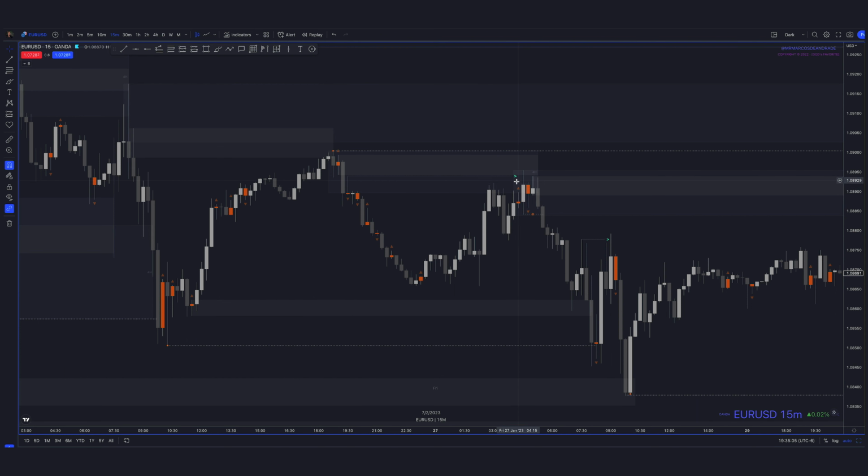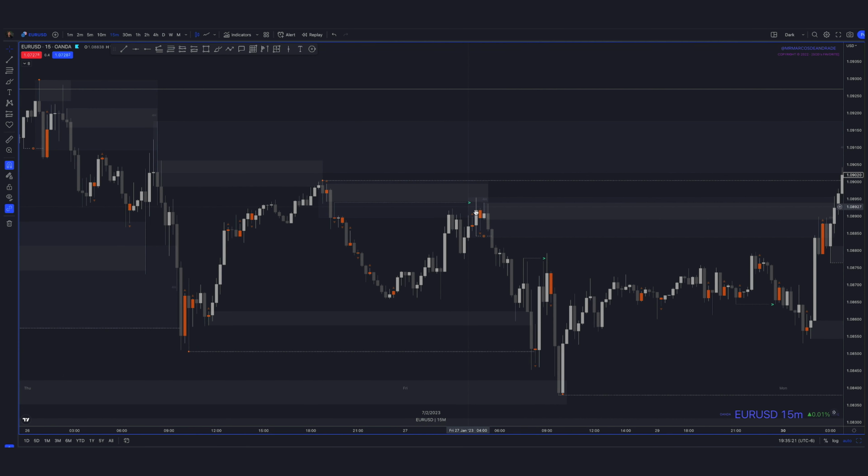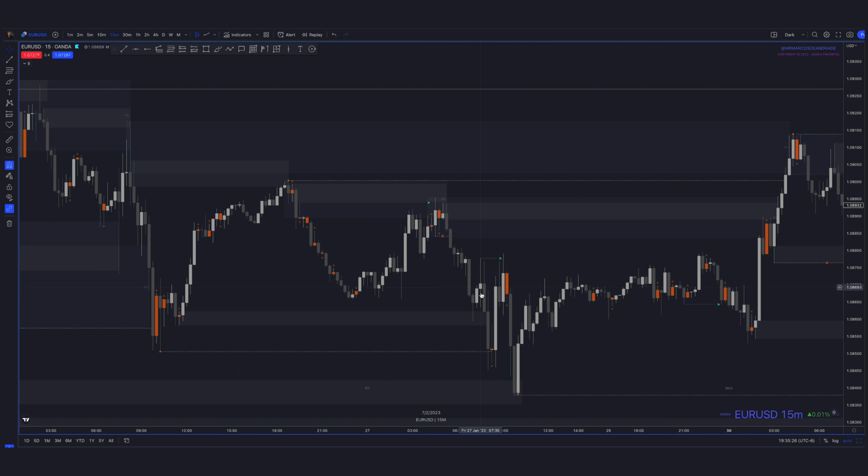Once we had the sweep of the liquidity, now we swept the inducement of this zone. So now we have a swept area, and now we have this new supply. Price came here again, but because we had already mitigated here, there was no inducement to this area.